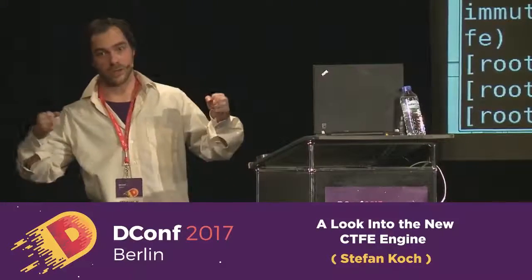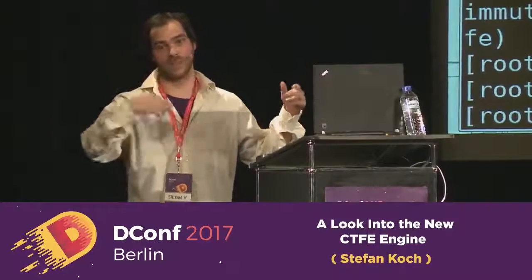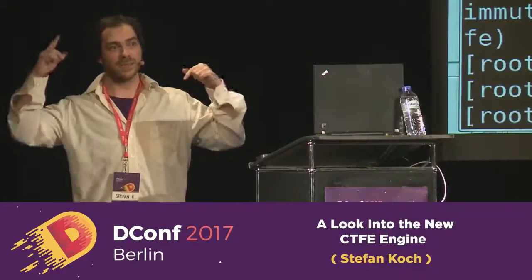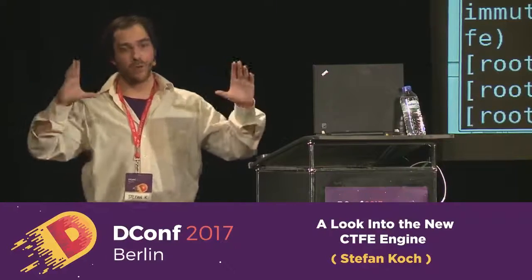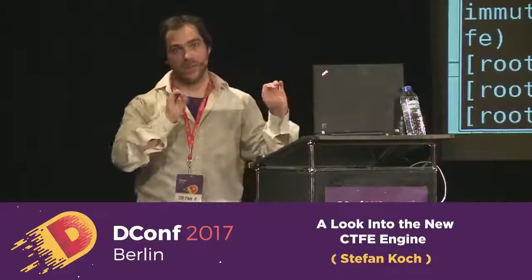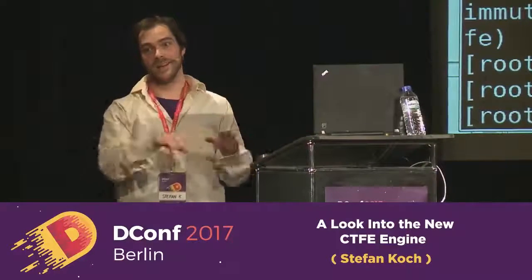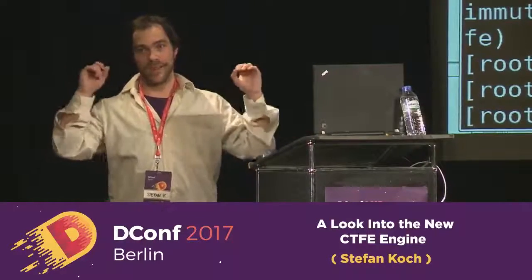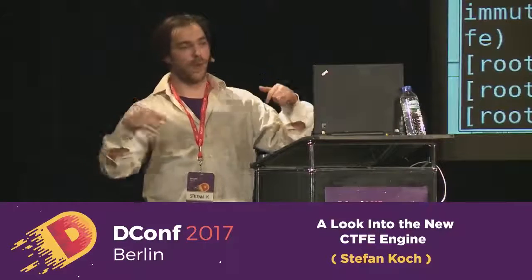And then the old interpreter steps in and does the work. So if we can do it fast, new CTFE will do it, and if new CTFE can't handle it, we will just let the old interpreter handle it, and that way we can make incremental progress without breaking the compiler.